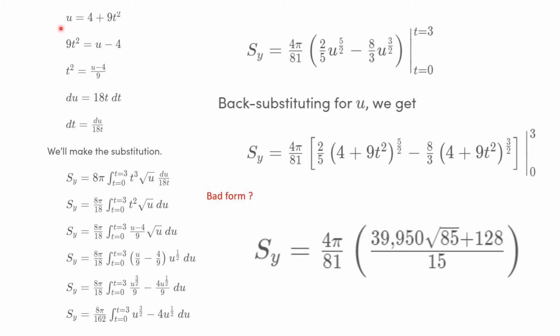And that means that du is going to be 18t dt, and that means that dt equals du over 18t. Now, usually when I'm doing a definite integral, I'll deal with the limits, and that still would be my recommendation, although I'm going to show it a little bit differently here. Okay, so we do make that substitution.